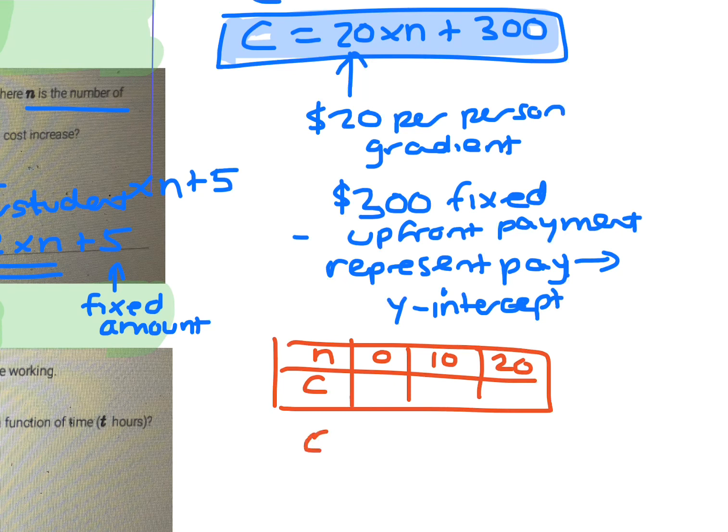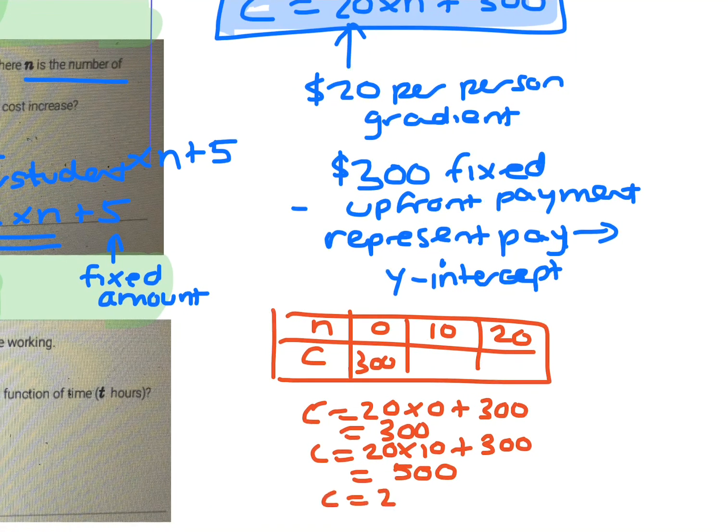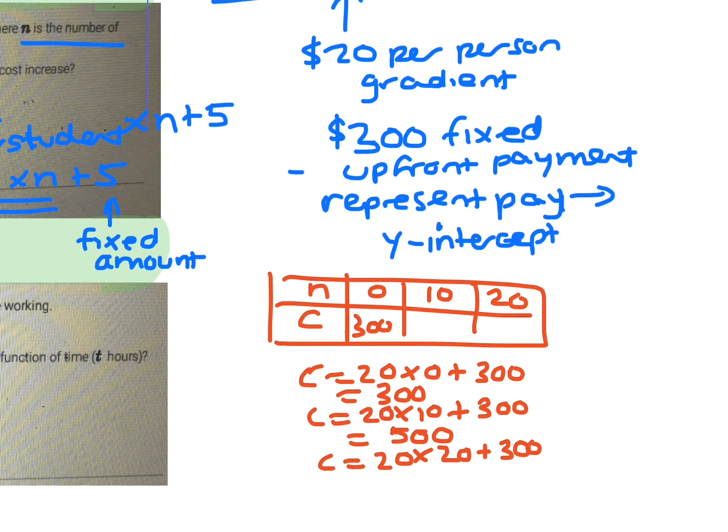If you put in 0, the cost would be 20 times 0 plus 300. So it's 300. If you put in 10, it's 20 times 10 plus 300. 20 times 10 is 200, plus 300 would be 500. And 20 times 20 plus 300. 20 times 20 is 400, 400 plus 300 is 700. So it's 500 and 700.